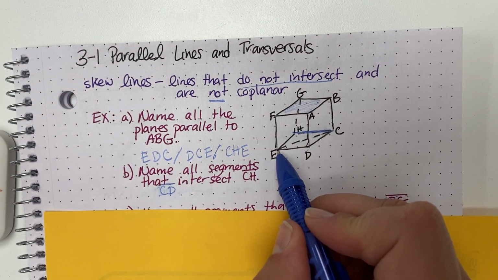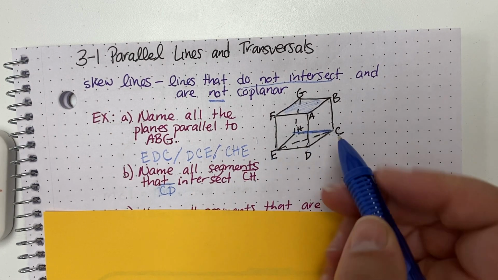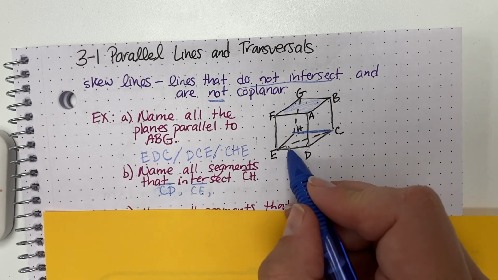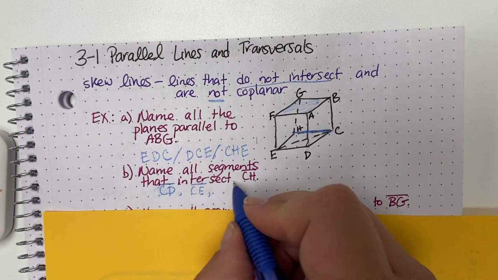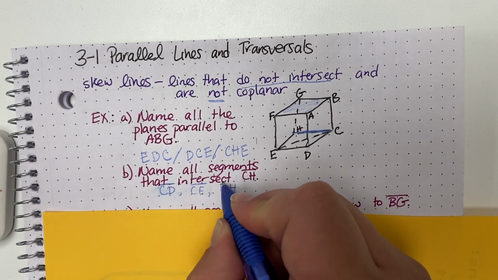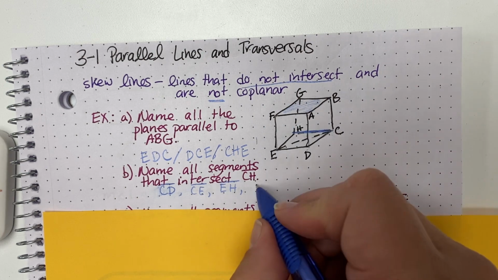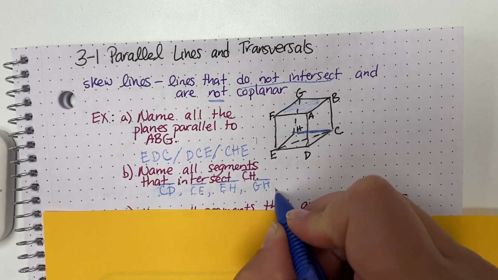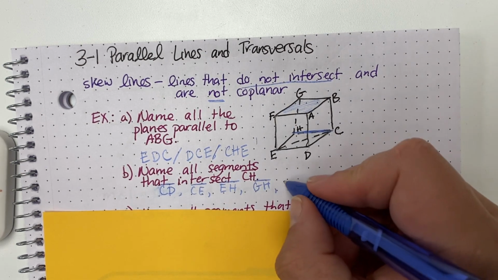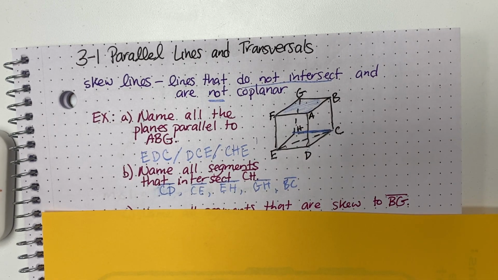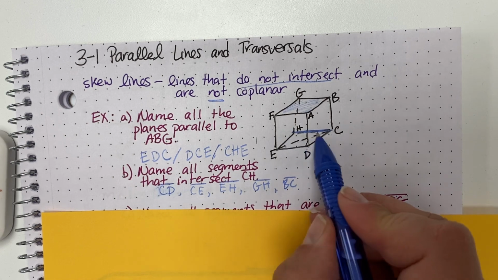We could say that CE, this middle one, intersects it. EH. Okay, and then the ones this way. So we'd have GH and BC. So all the lines that run into our line back here.